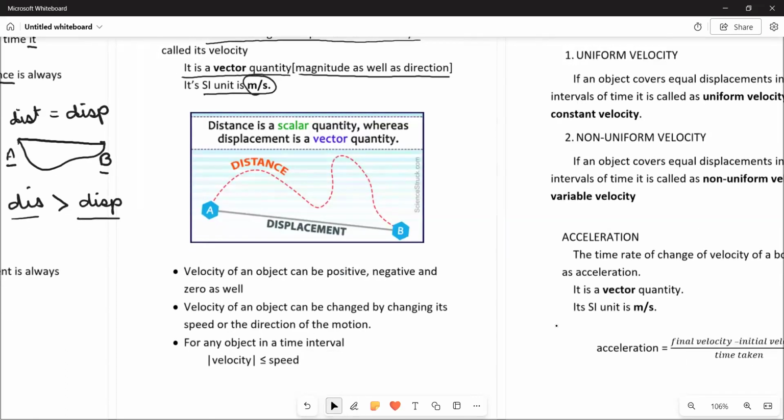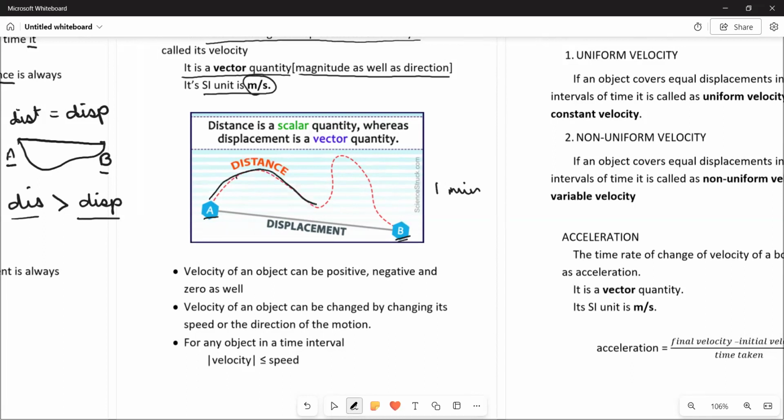See, if we take an example, if we start our journey from point A and move to point B, and we take 1 minute to move from point A to point B, but the distance is obviously more. You can see that the distance is this red line.